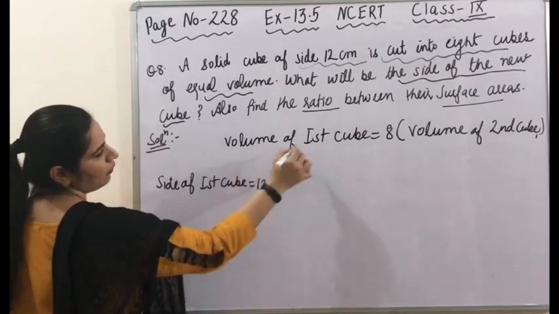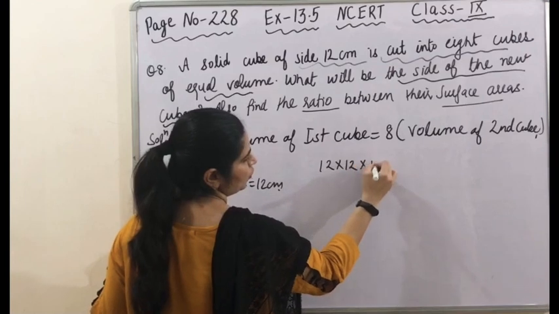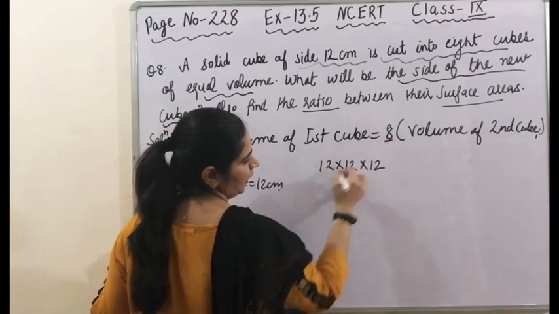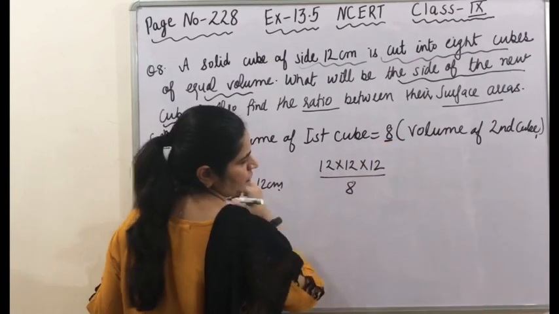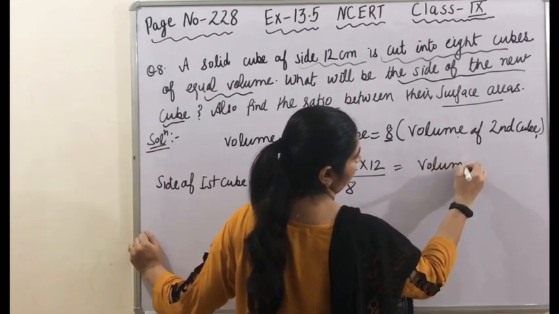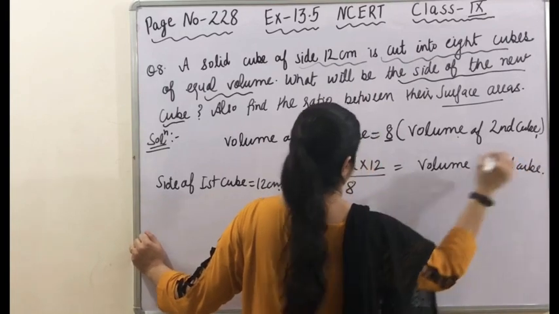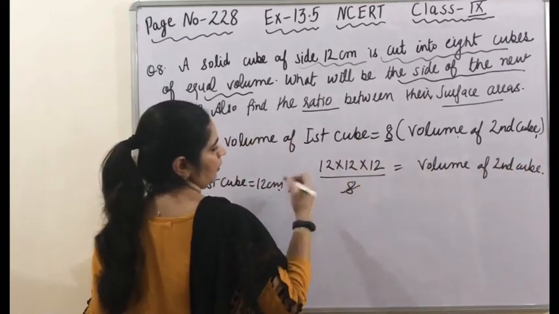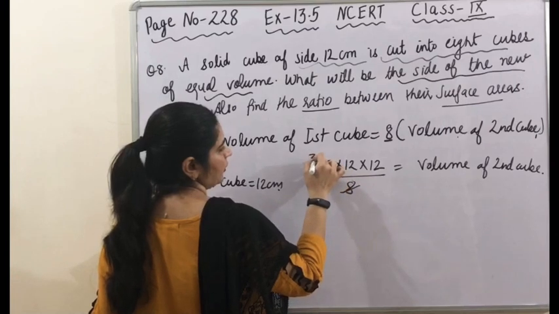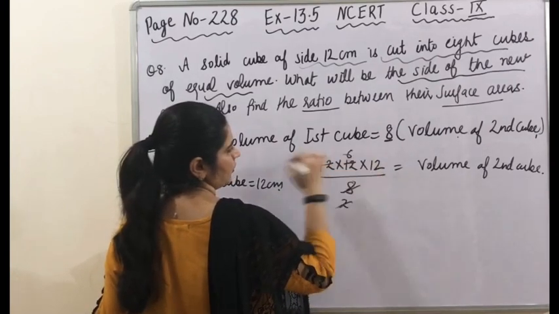So the volume of the first one will be 12 into 12 into 12, divided by 8, will be the volume of the second cube. This we can cancel. 4 3s are, 4 2s are and 2 6s are.